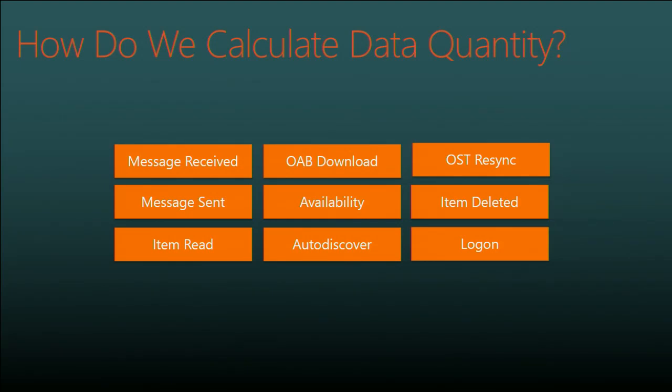Now, OAB download and OST resync in that white paper in 2007 were not even considered. And OST resync actually accounts for a significant portion of data. OST resync, the concept behind it is that you have a laptop, and that laptop is not going to last forever. At some point, it's going to be replaced. The hard drive may fail. It may get upgraded to a different operating system.